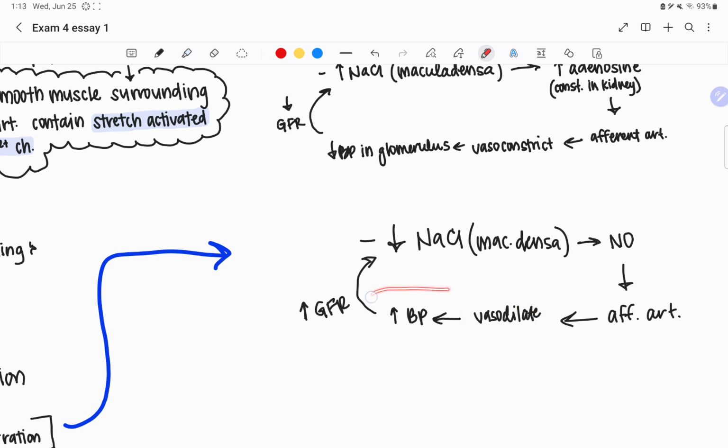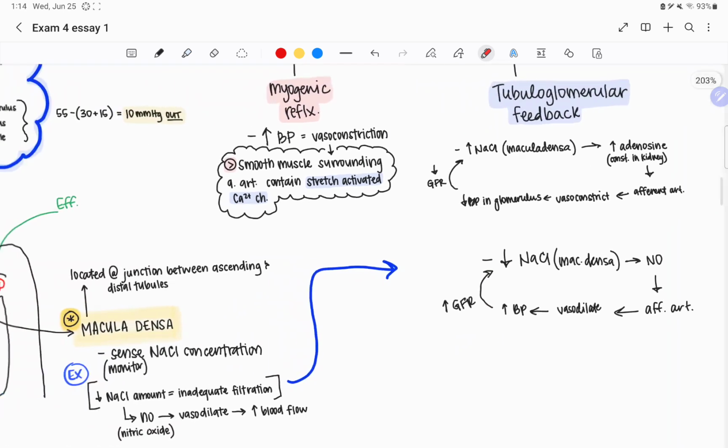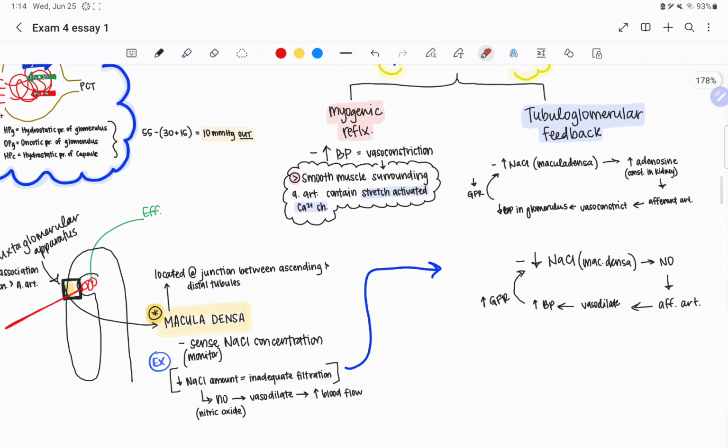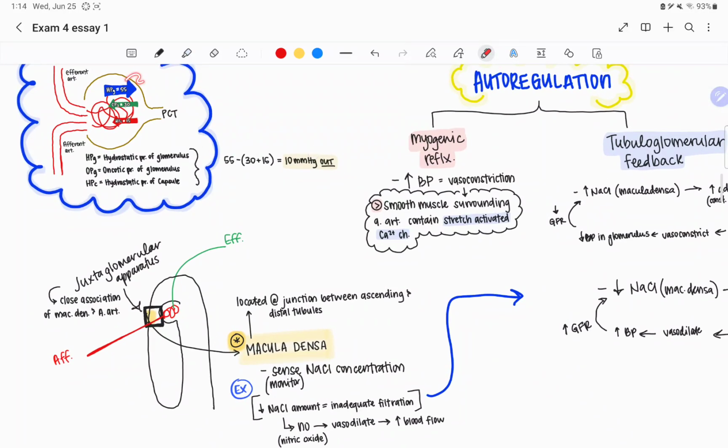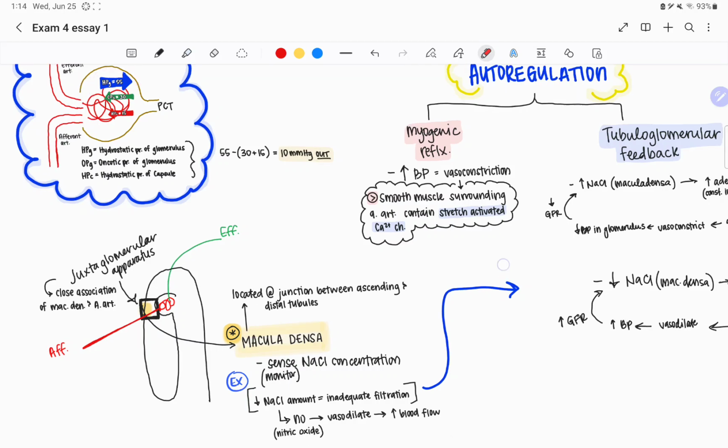Okay, when it vasodilates, we have an increase in blood pressure, which increases our GFR, which again, we have to keep that glomerular filtration rate pretty constant. So these are really important in making sure that we have a constant filtration rate, okay? Making sure that is staying the same.